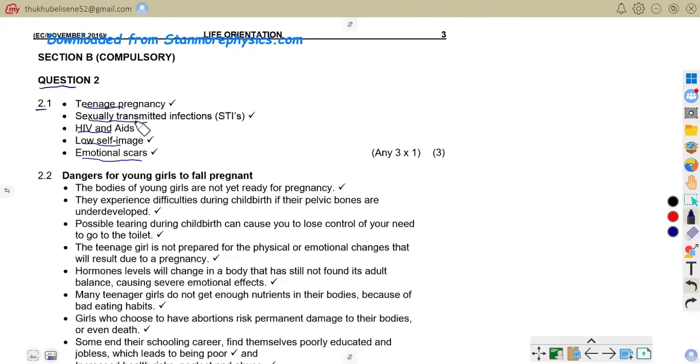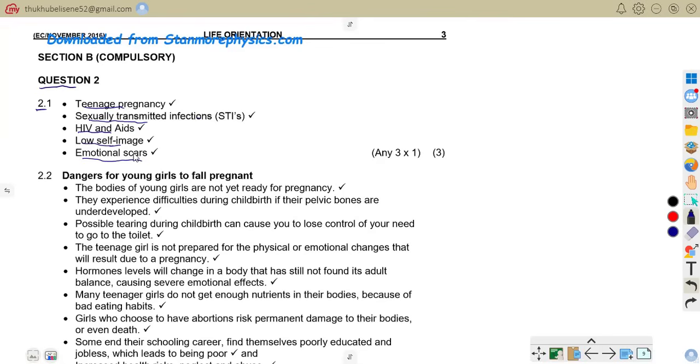When you're talking about sexually transmitted infections, that's STIs. These diseases pass through sexual contact, such as gonorrhea or syphilis, which can harm reproductive health. HIV and AIDS is a virus that weakens the immune system and can lead to AIDS if untreated, often spread through unprotected sex or sharing needles.